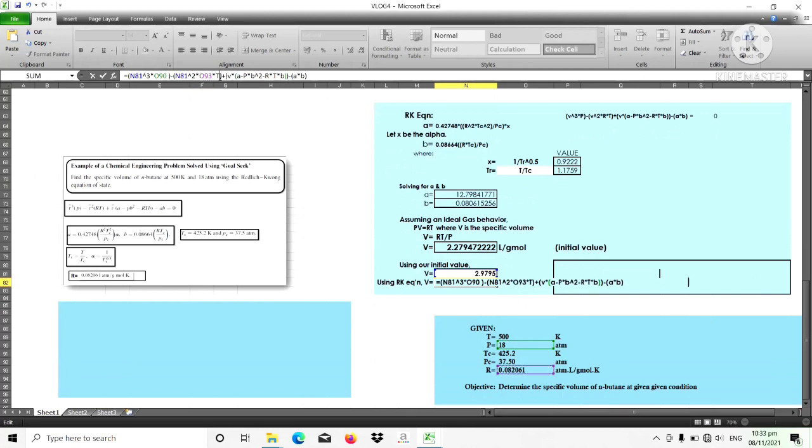Then the temperature is 500 Kelvin. Then the V, which is 2.9795.